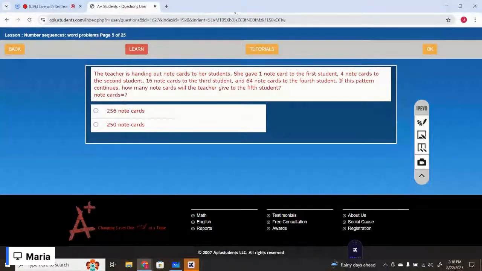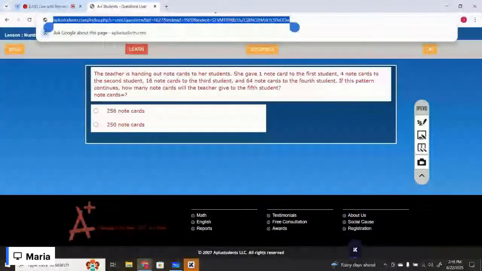The teacher is handing out note cards to third and 64 note cards to fourth. If the pattern continues, how many note cards will the teacher give to the fifth student? So, which is the correct option?